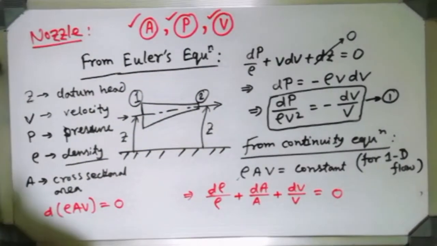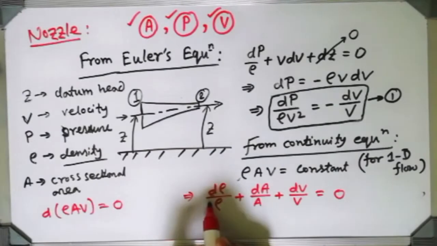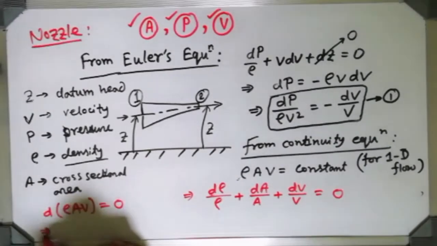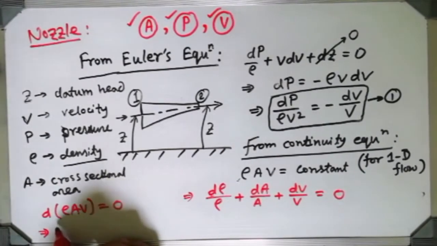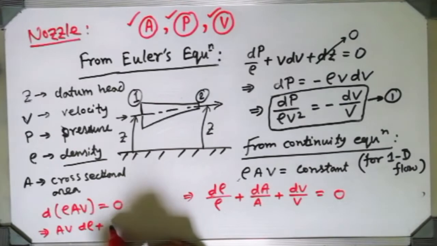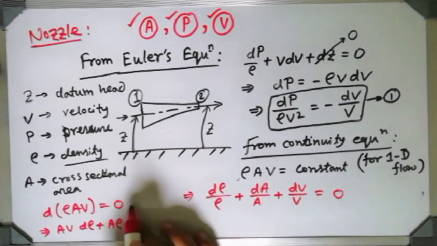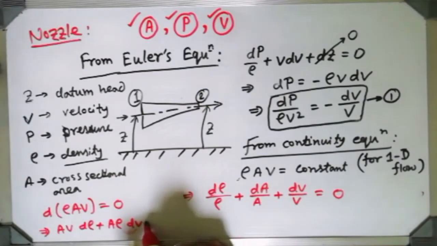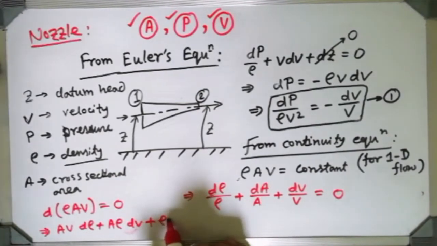So that is what I am doing over here. It is a simple differential method. If you keep this AV constant, then it will be 0. If you keep rho constant, then it will be dV. And if you keep rho V constant, then it will be dA.